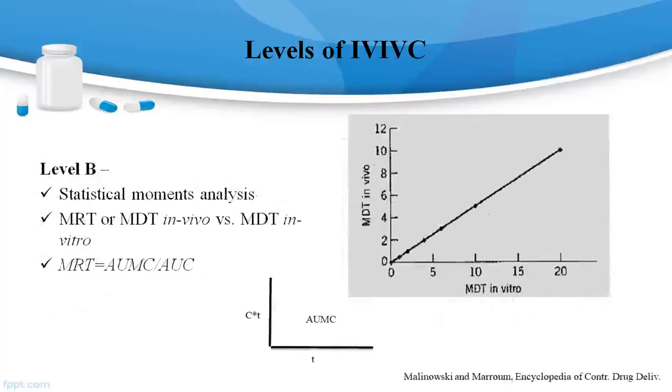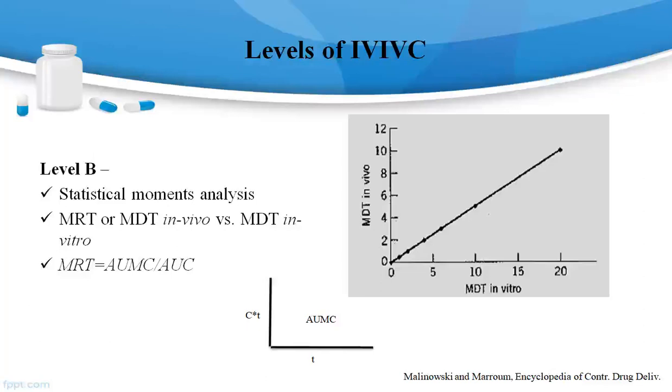Next is level B. Level B is known as statistical moment analysis, in which we determine the MRT, and MDT in vivo versus MDT in vitro. MRT, mean residence time, is equal to AUMC divided by AUC.